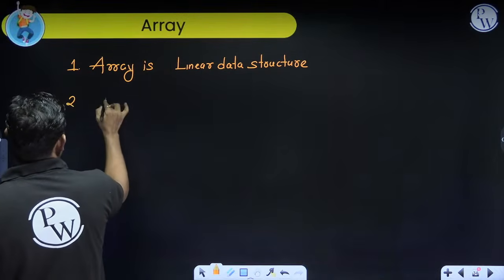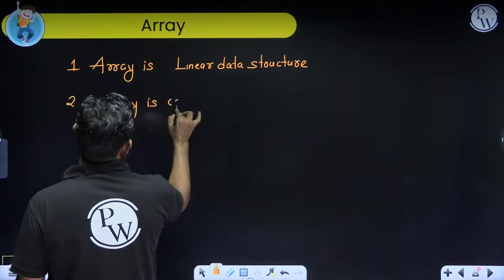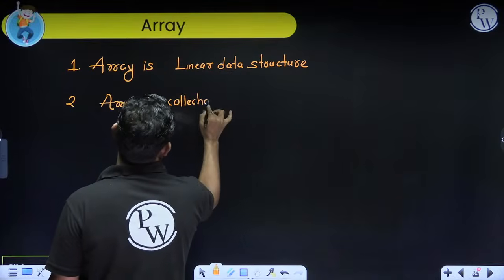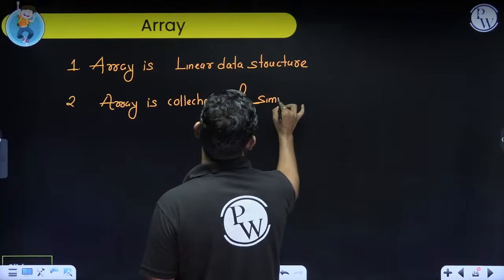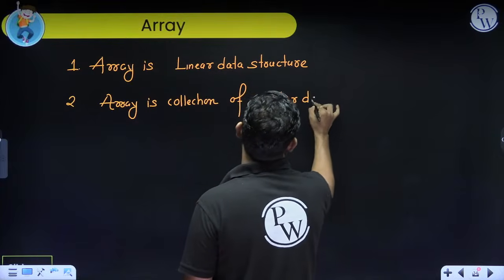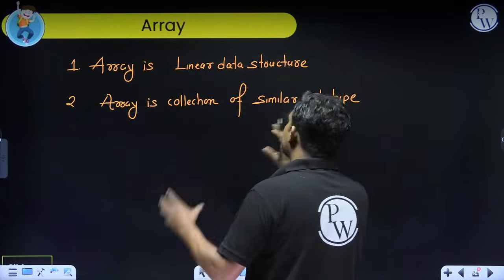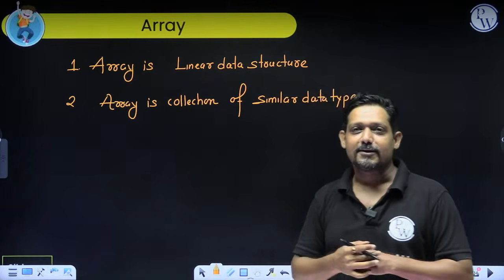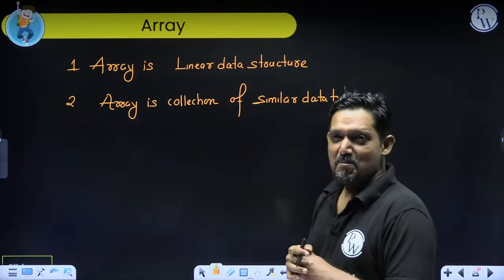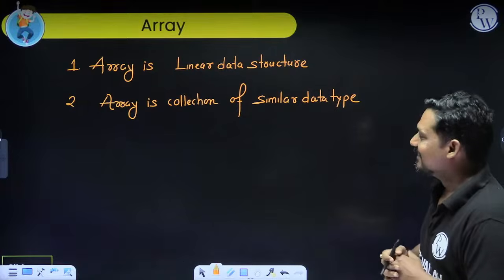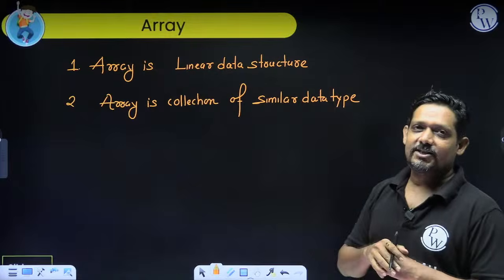Okay, the basic definition: array is a collection of similar data type. Array is a collection of similar data type.